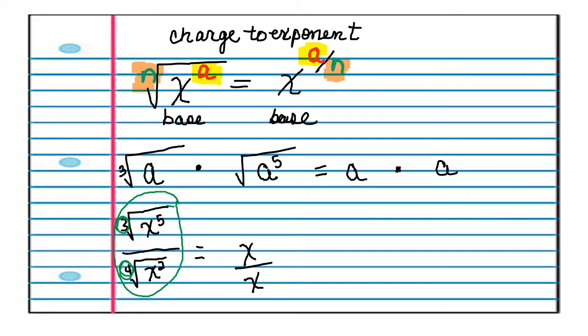Inside power over outside index, so we have 5 over 3. Inside power over outside index, 2 over 4. And then we're going to use our power rule. x^(5/3 - 2/4), and 2/4 is also the same as 1/2. You can simplify it.